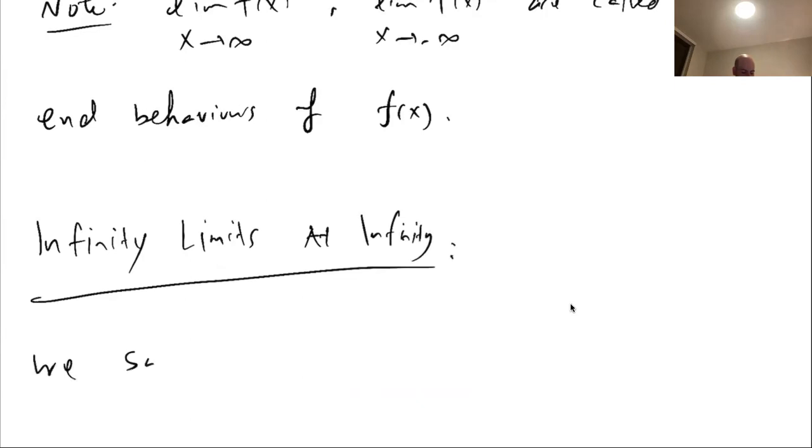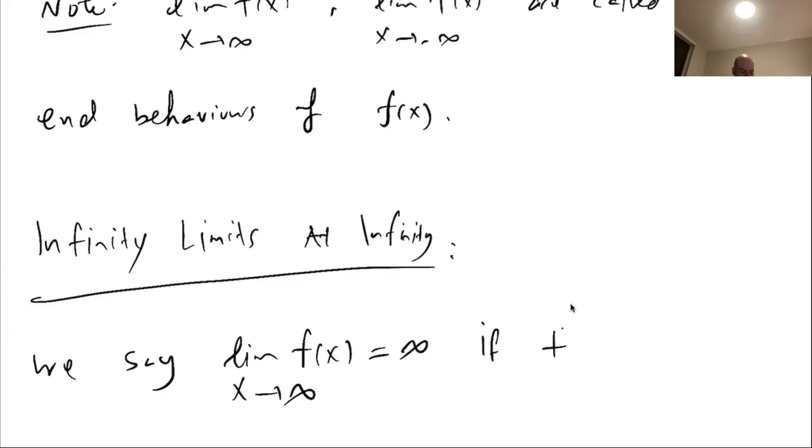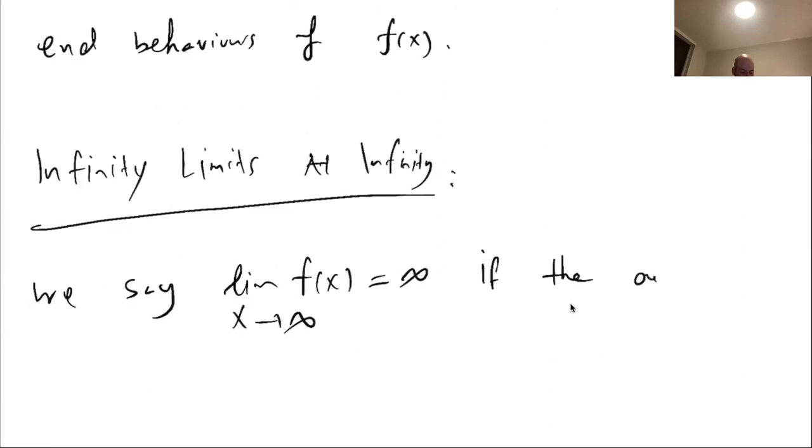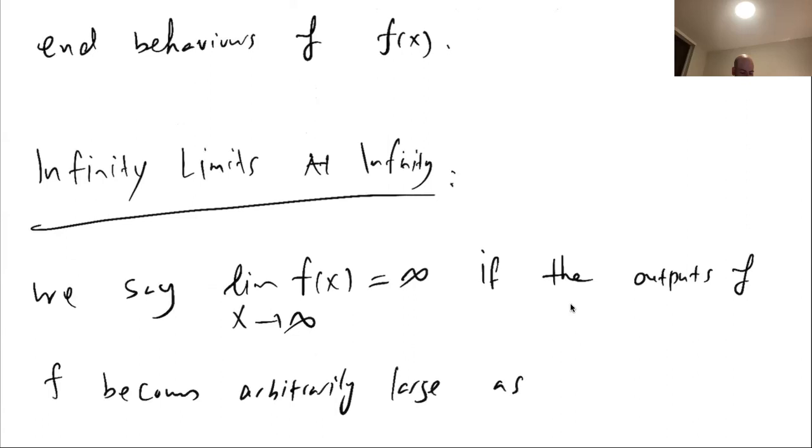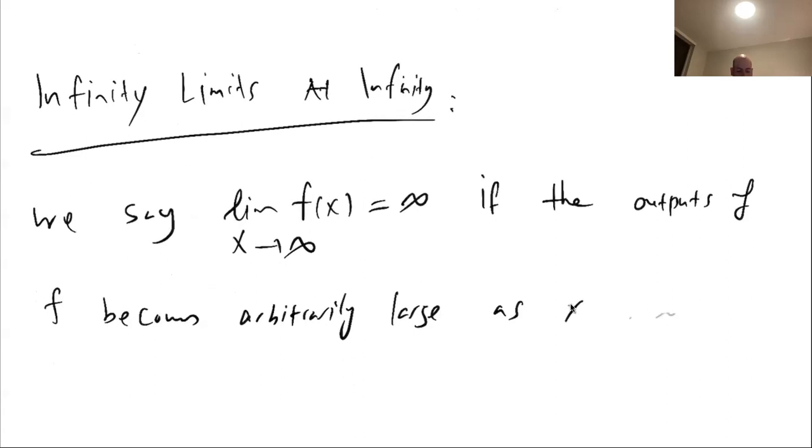We say that limit f of x as x approaches infinity equals infinity if the outputs of f become arbitrarily large as x approaches infinity, meaning that as the input x becomes larger and larger.